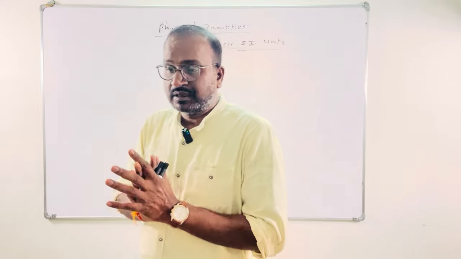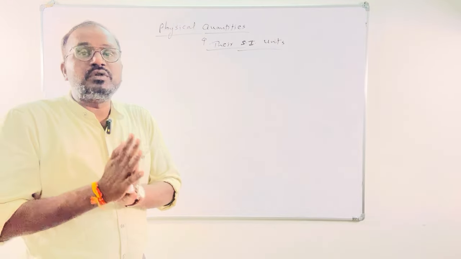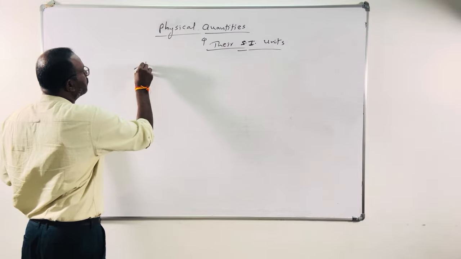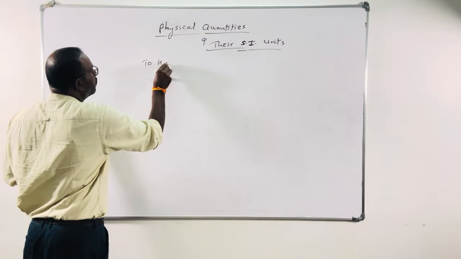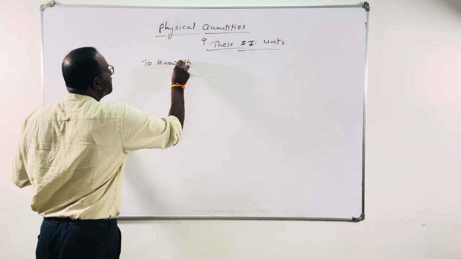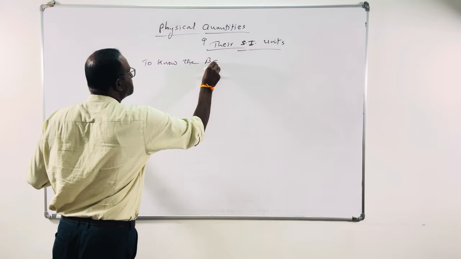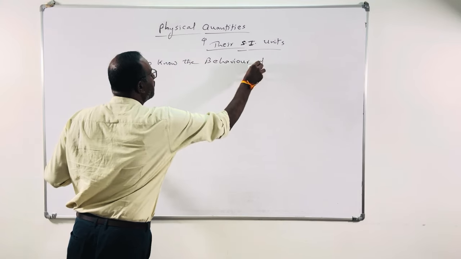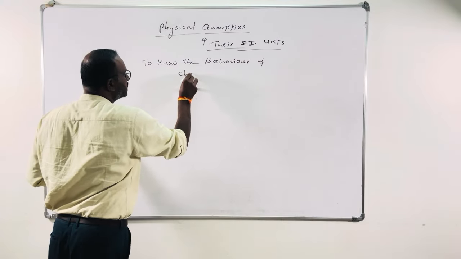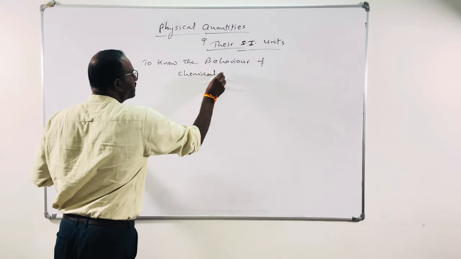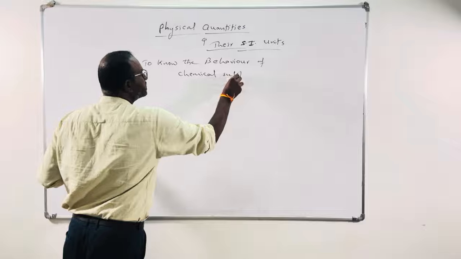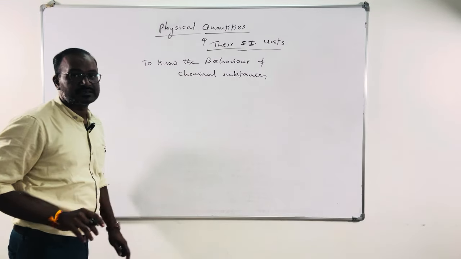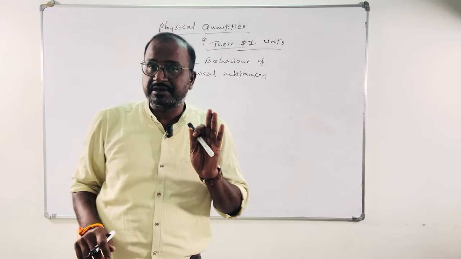First, to know the behavior of chemical substances, two types of properties we require.